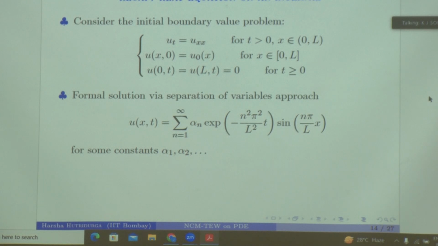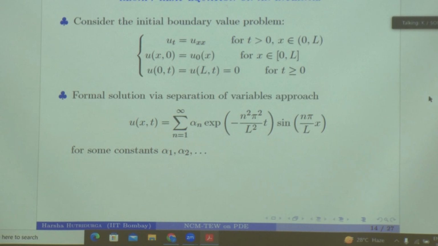and then we go ahead and assume that, okay, I will write this function of two variables as a function which has this particular structure. There is some kind of variable separable structure, like it's a function of t times a function of x. And then I manage to find those functions a and b.